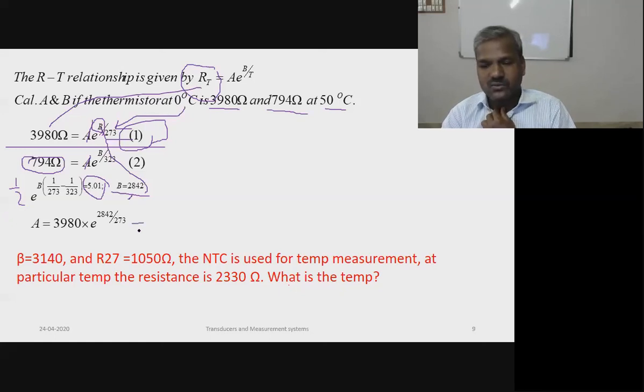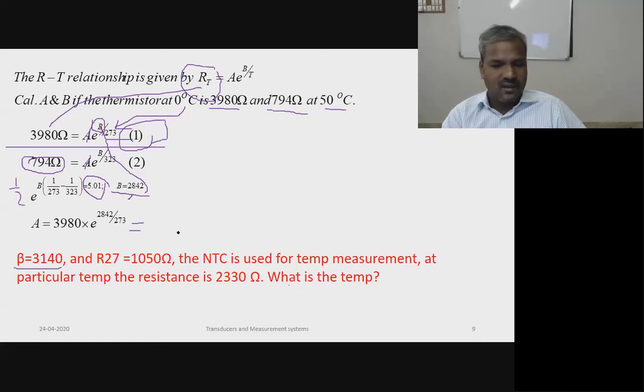Next we pass to another problem. The thermistor has beta value 3140 and resistance at 27 degrees Celsius, R27, is 132.14.